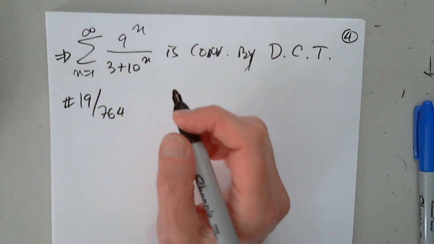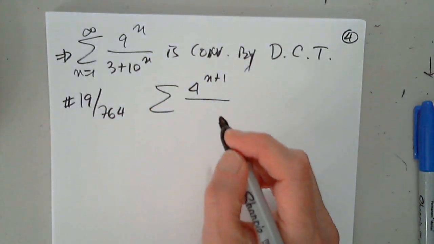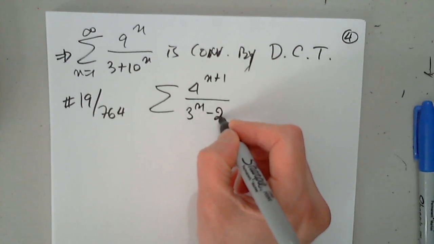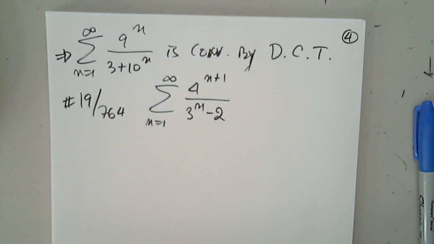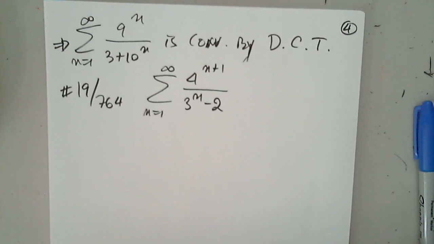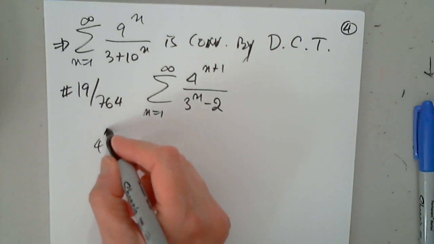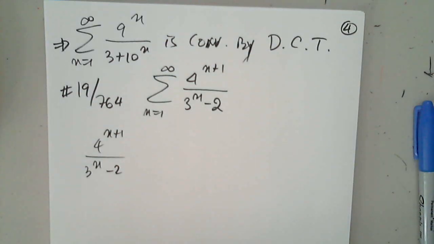Let's see, 19, yes. 4 to n plus 1 over 3 to the n minus 2, n equals 1 to infinity. Good. So in this situation, again, let's take a look at 4 to the n plus 1 over 3 to the n minus 2.